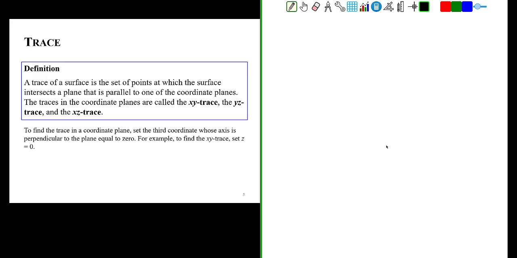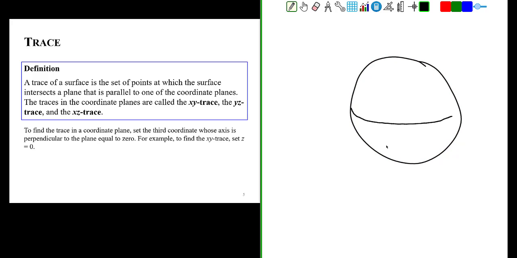Suppose we have some sphere of some radius. We'll say this sphere has a radius of r. Let's now suppose we have a plane that is parallel to the midsection of the sphere.